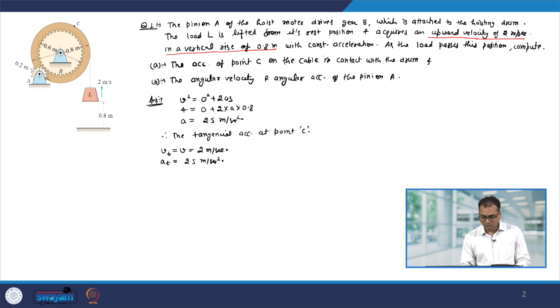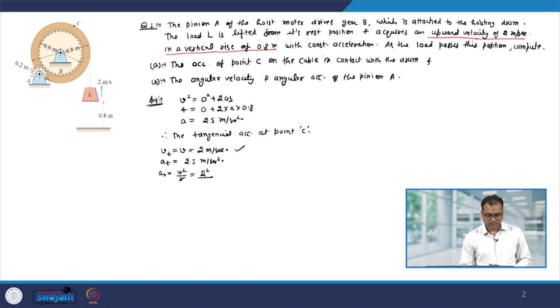Now, from this velocity I can find out the normal acceleration. Note that the normal acceleration a_n, still at point C, will be v square divided by r. Now, v is given, it is 2, so this will be 2 square divided by r. r is the radius of the gear.